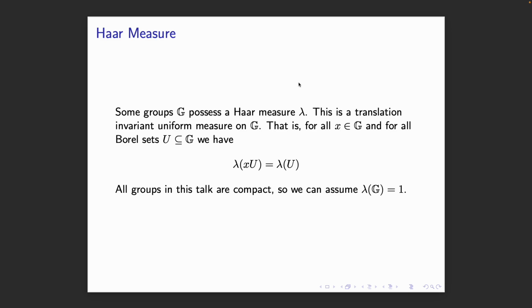What that means is, if I take an element x of the group and a subset of the group, the measure of that set shifted by x is equal to the measure of the set. And because all the groups in this talk are compact, which has a lot of different characterizations, but you can think of it as having a finite volume, we can put a probability measure on a compact group.